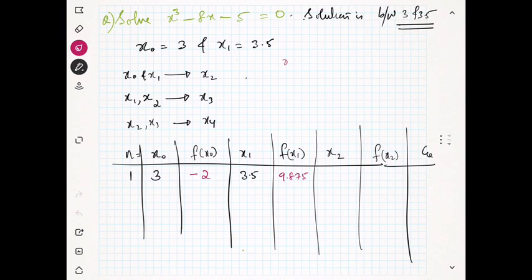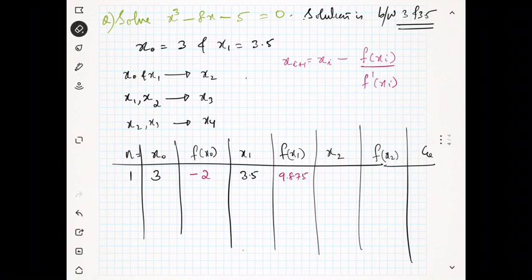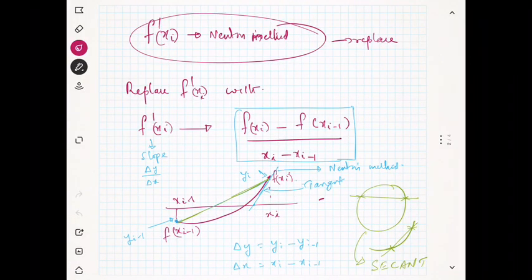So our xi plus 1 is equal to xi minus f of xi by f dash of xi, and this formula was for Newton-Raphson method. So we will replace this f dash of xi with something else. Am I correct? So what you are going to replace? You can see we will take this equation to replace f dash of xi.